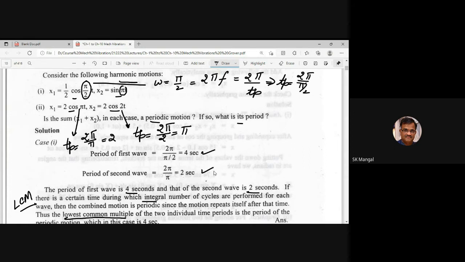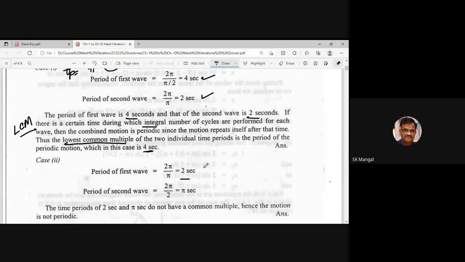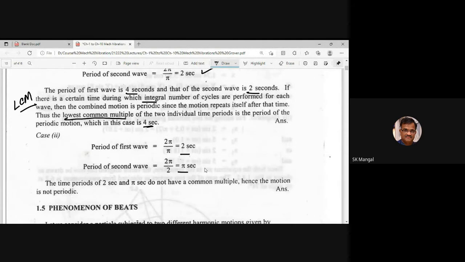So it means these two are not integral multiples of the time period. So the resultant SHM will not be a simple harmonic motion. The time period of the first wave is 2 seconds and the second is pi, and these two will not have a common multiple here, so it will not be a periodic motion.